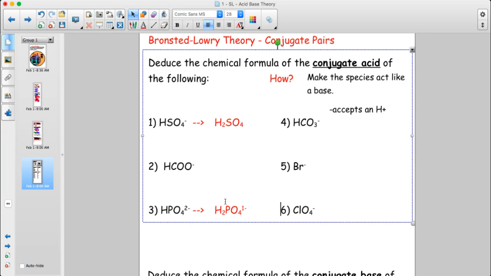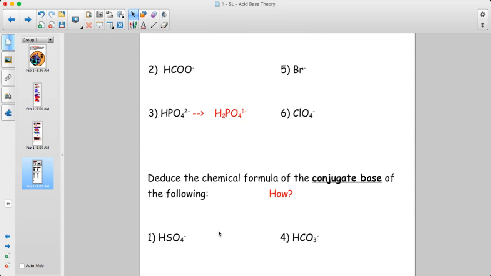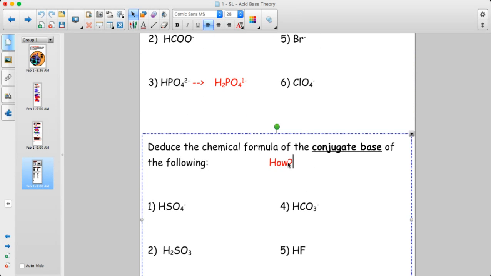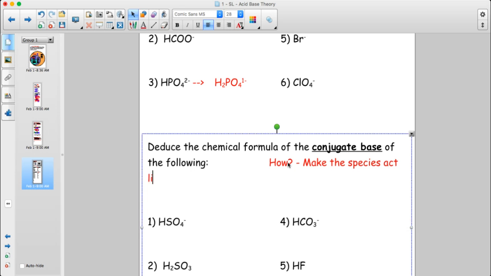H2PO4 1- is the conjugate acid of this right here. Okay, we could do the same thing with this. If they ask you for the conjugate base, then you make the species act like an acid. That means we make it donate an H plus away, lose an H plus.